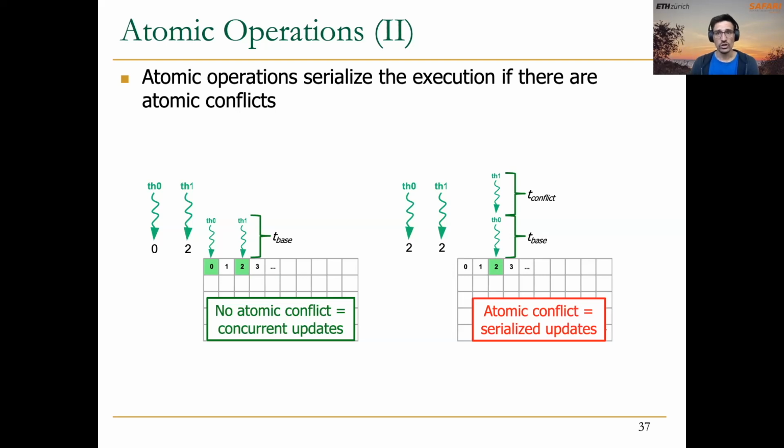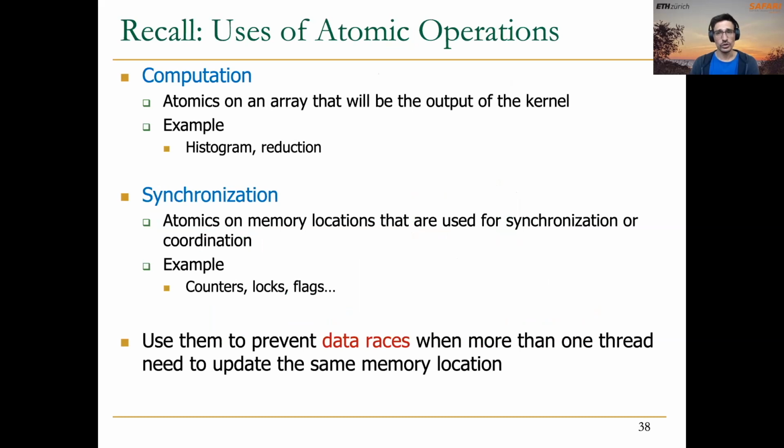In the next lecture, we will talk more in detail about atomic operations and how they are implemented in the hardware. For now, we are going to only talk about their uses and how we can use them for the parallel reduction.